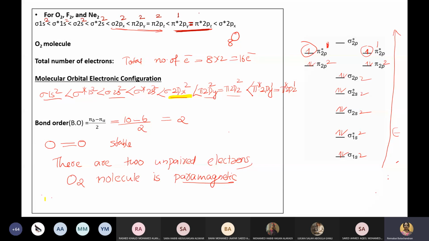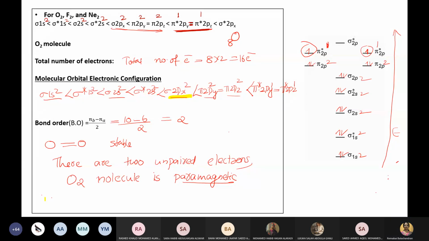So you need to put 1 here, 1 here. Understand? Because if they have the same energy, you cannot put 2 electrons in pi star 2py. This is wrong. So you have to put 1, 1.